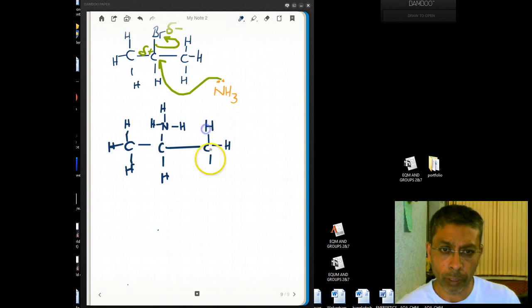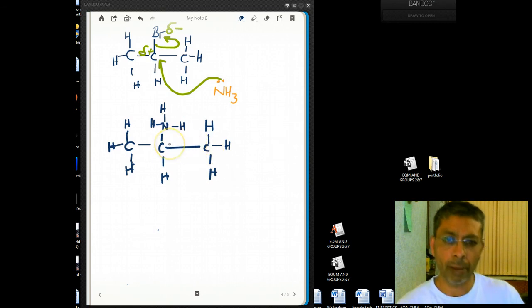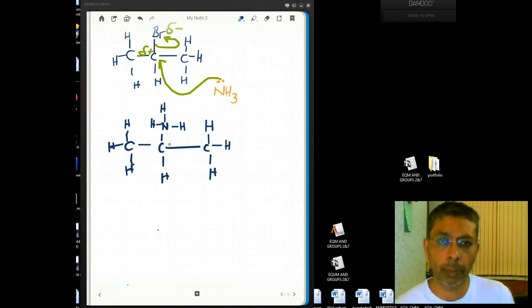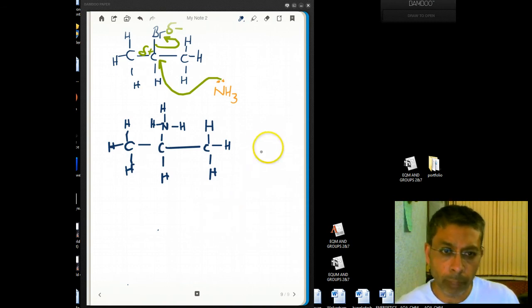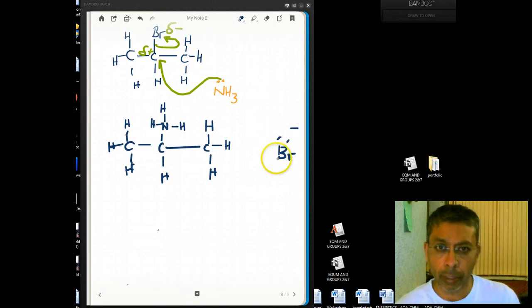When you draw these diagrams on your exam paper or in homeworks, etc., draw it out fairly large, show all the bonds nice and clearly, and the arrows as well. Exaggerate the arrows slightly so that they can be seen clearly. Okay, now this ammonia, oh, there's a bromine, the bromide. There we are. There it is, and that's in solution.